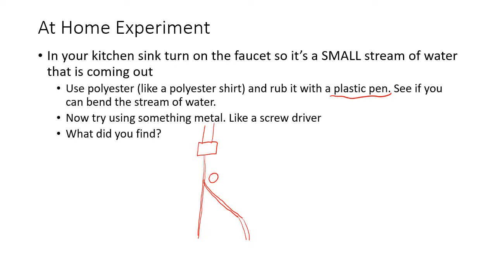Now, what happens if you use something that is metal? Well, if you rub the metal with this, it would say have a negative charge. So there's a whole bunch of negative charges in there, and that's why it bends this water stream.